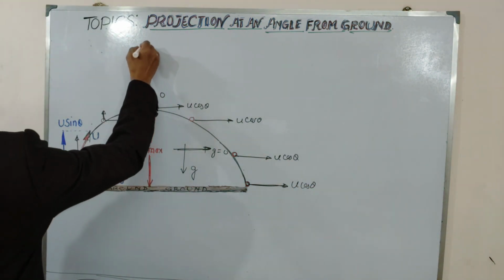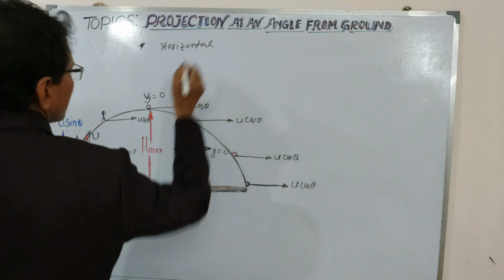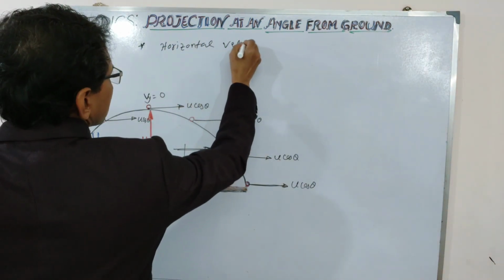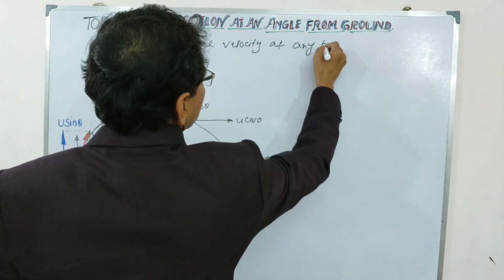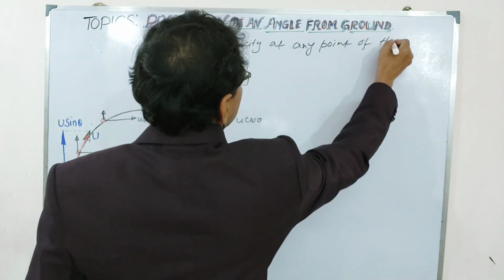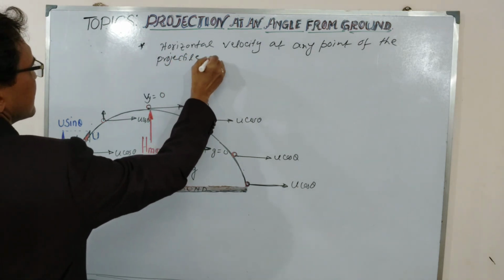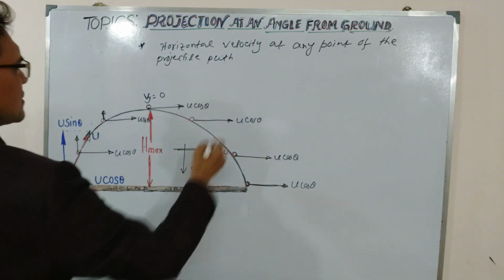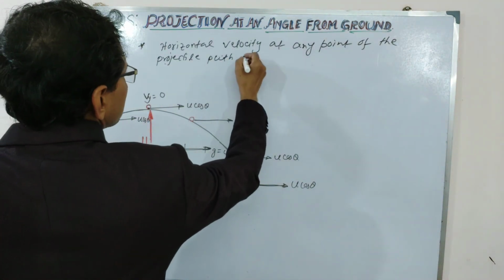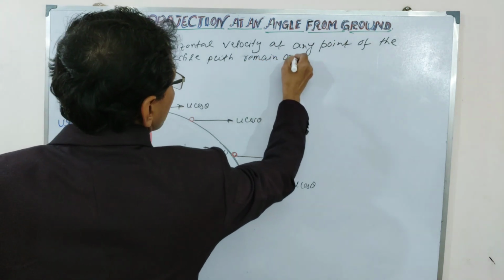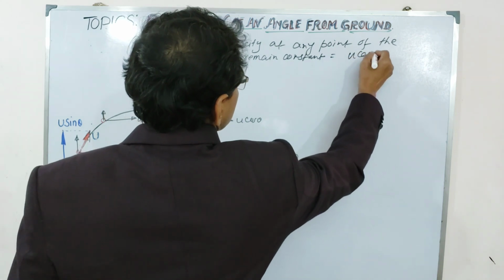That is one important point: the horizontal velocity at any point of the projectile path remains constant, which is u cos theta.